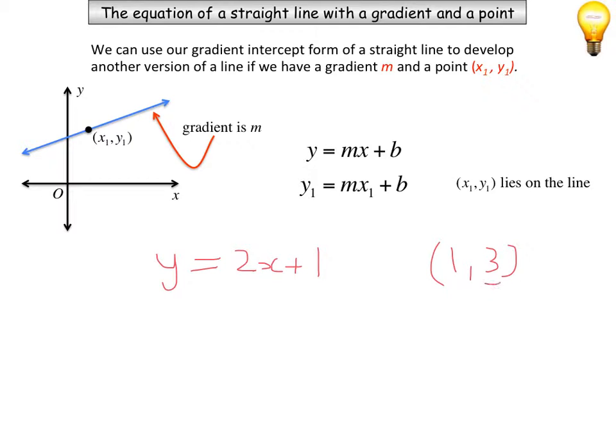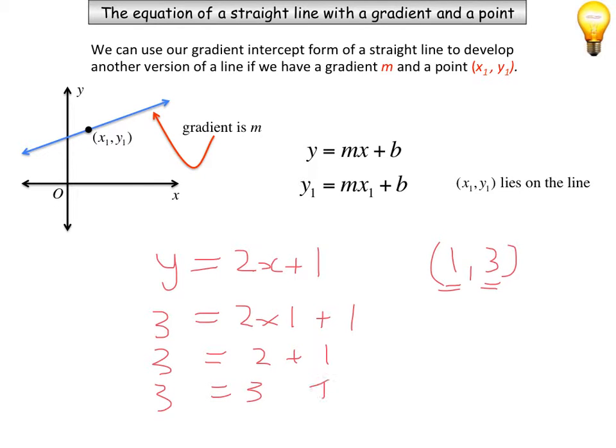Here's our y value, 3, equals 2 times x, here's our x, so 2 times 1 plus 1. You see that both sides equal each other. So if I substitute any point that lies on the line into the equation, it satisfies the equation.